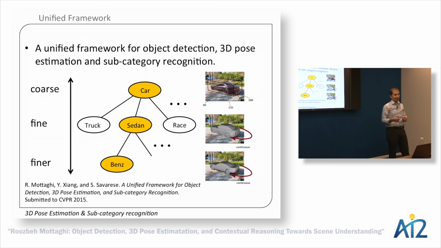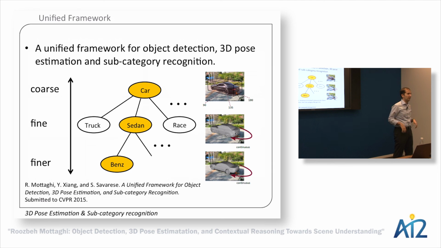So basically, estimating viewpoint and subcategory together helps us to capture this type of information. For example, side view sedans are very similar to each other. Side view race cars are very similar to each other. So that helps us to better cluster these images together.